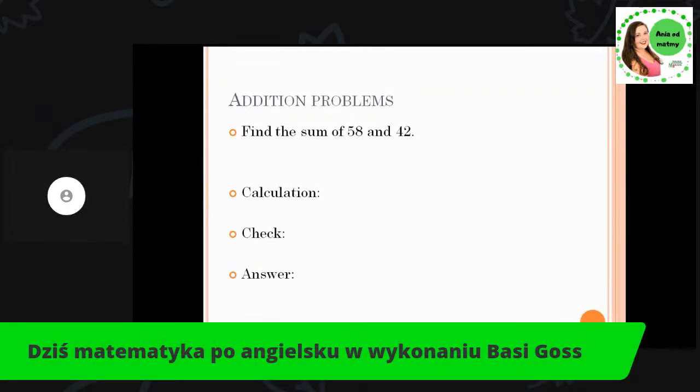And another problem to solve. Let's read it together. Find the sum of 58 and 42.